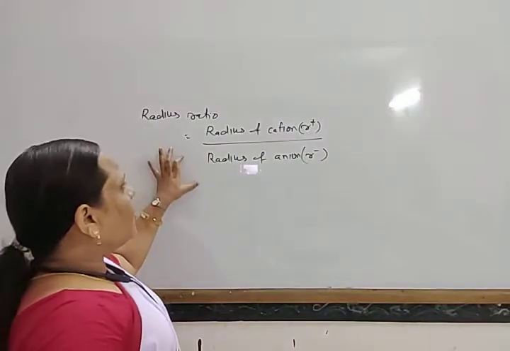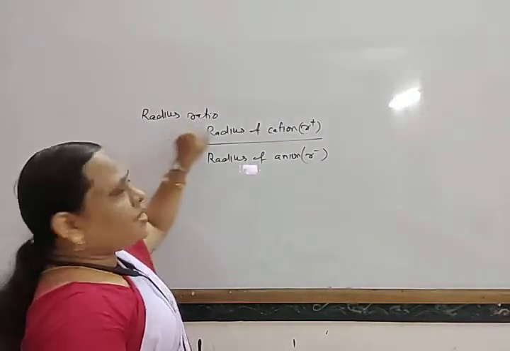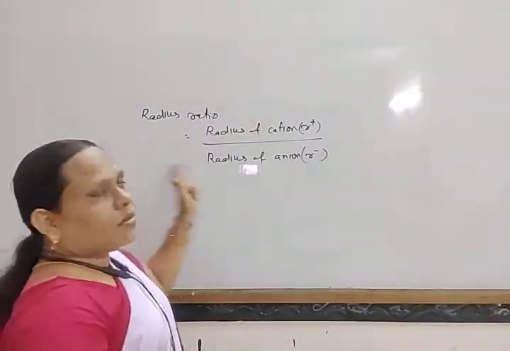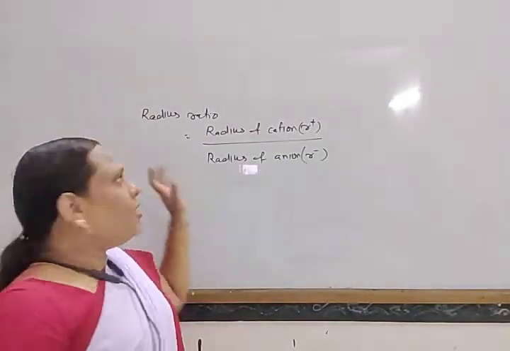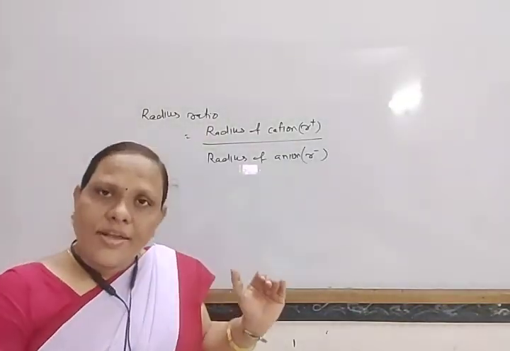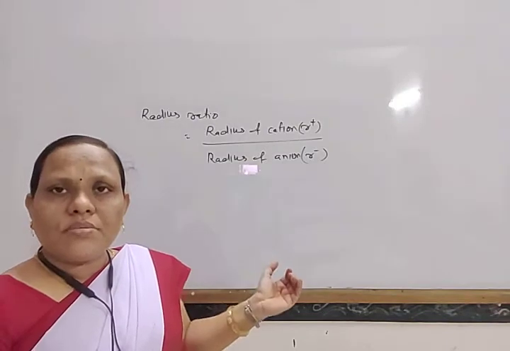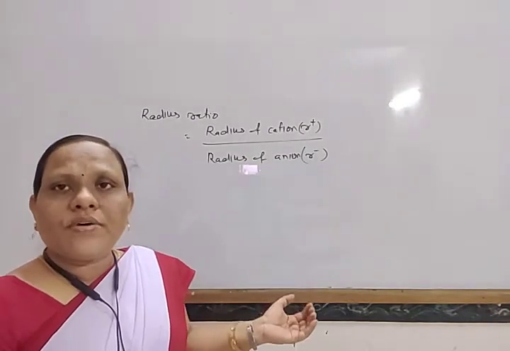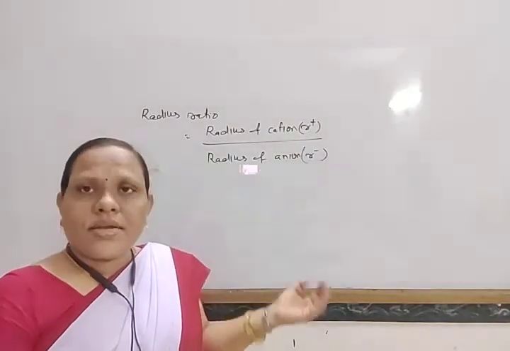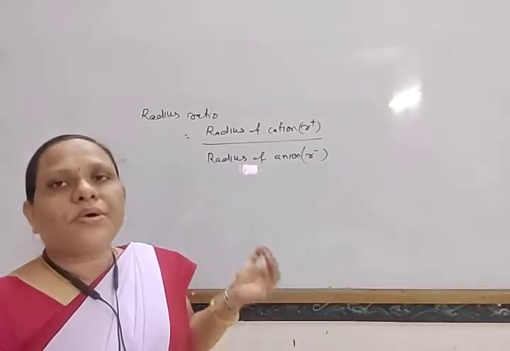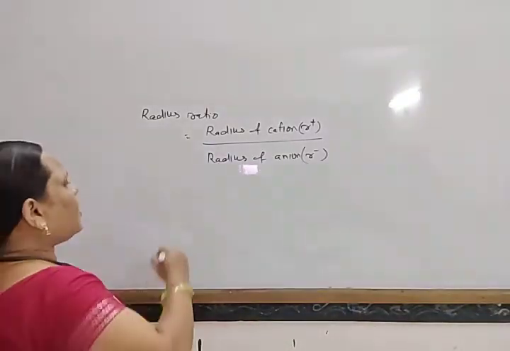So depending on the radius ratio value, the coordination numbers are different. If the radius ratio value is higher, then the coordination number is higher, meaning more oppositely charged ions surround a particular ion.